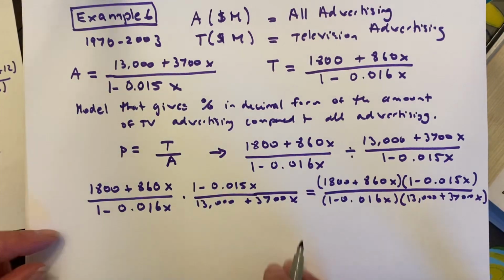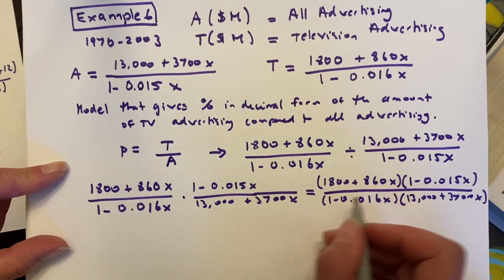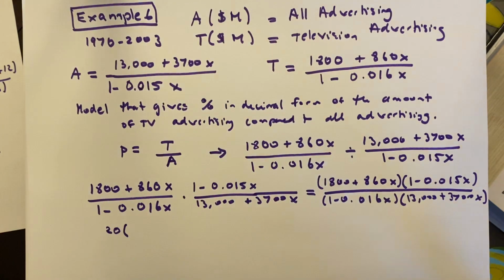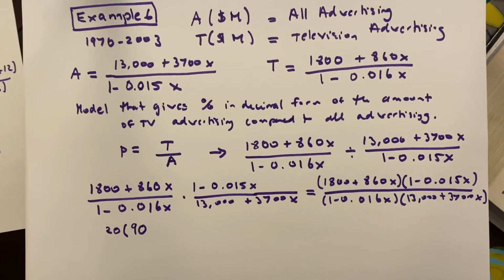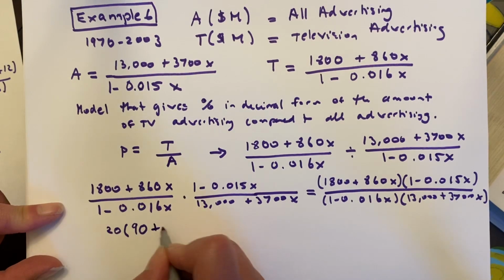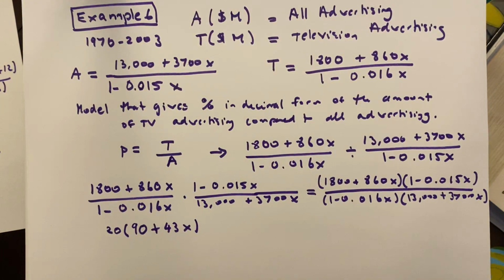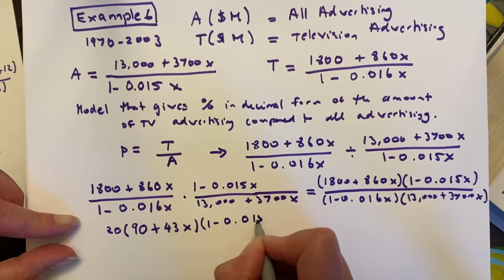It's sort of like a problem we did sooner, which is how much can you simplify your full equation? Well, you can take out 20. If you factor out 20 on the numerator, you end up with (90 + 43x) times, and this stays the same, (1 − 0.015x).